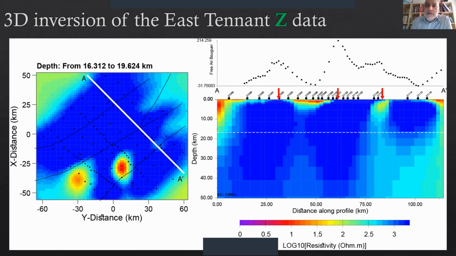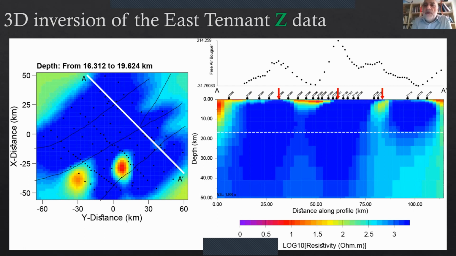Also remember that each data type is sensitive to a different kind of structure or contrast in the subsurface. It is much more appropriate to consider and look at the inversion results from these individual data types, and that's what I'm doing here.